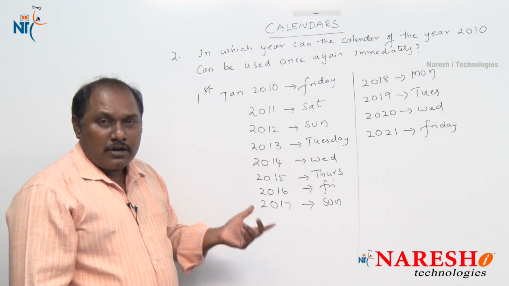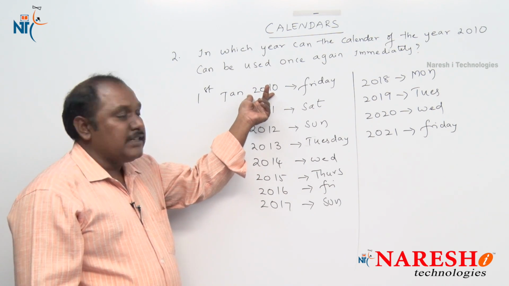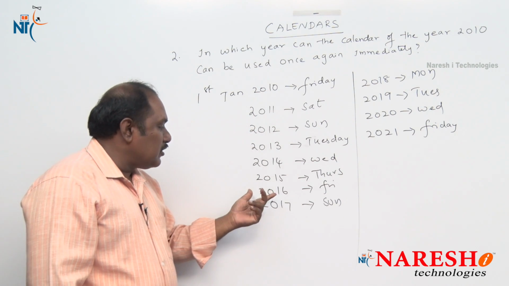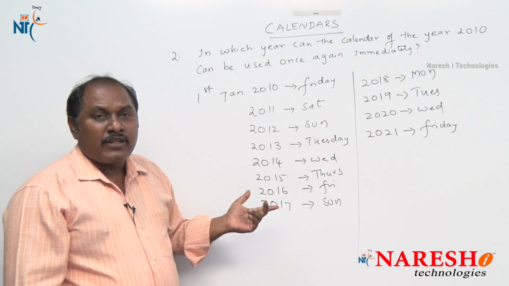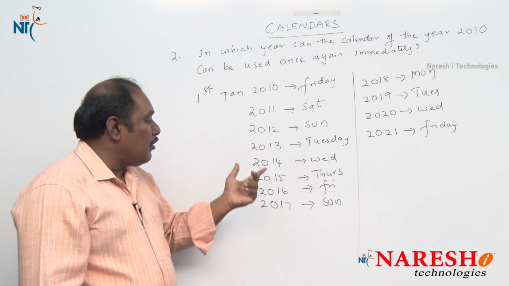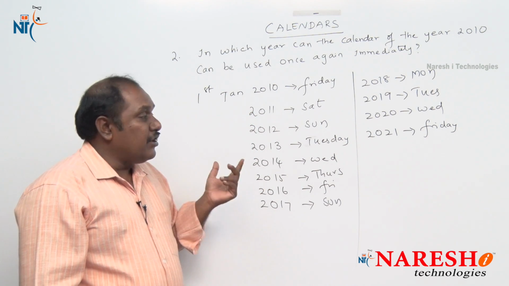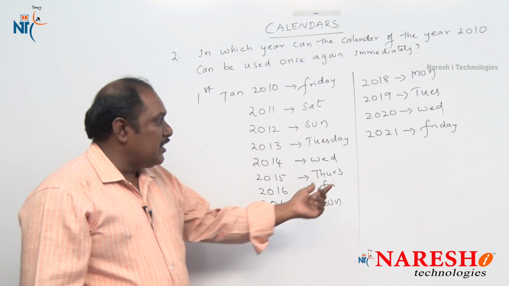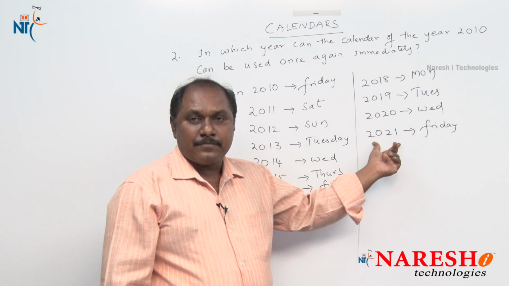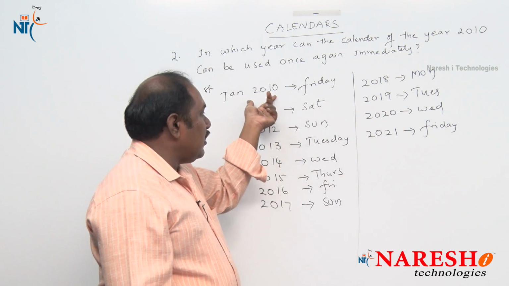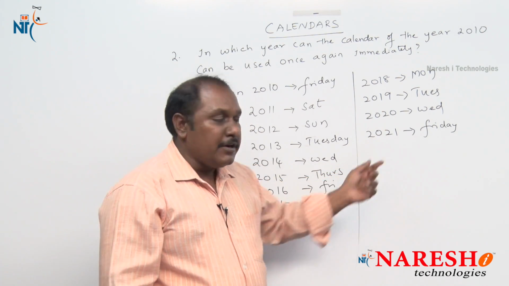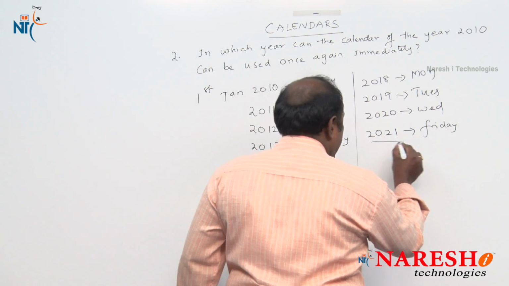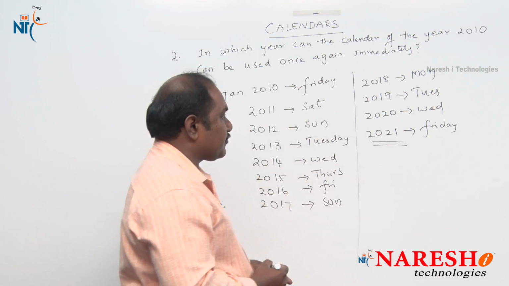Obviously no, because 2010 is a non-leap year and 2016 is a leap year. A non-leap year calendar cannot be used in a leap year. So in which year can we use it? The 2010 calendar can be used once again in the year 2021, because 2010 is a non-leap year and 2021 is also a non-leap year. So the answer for this question will be 2021.